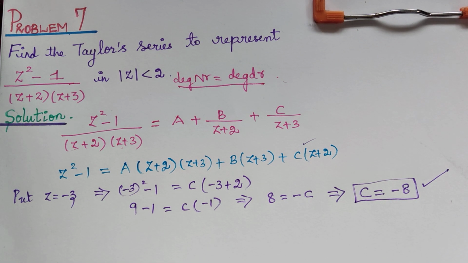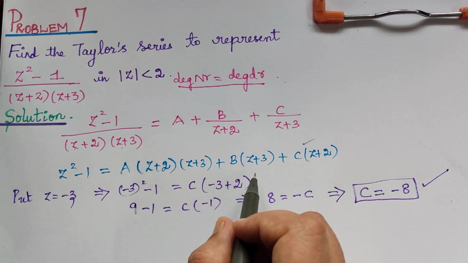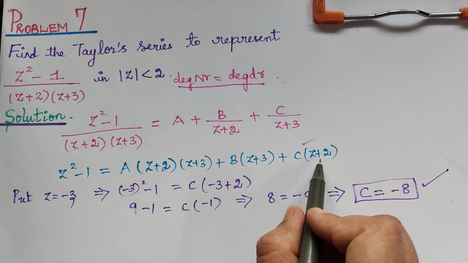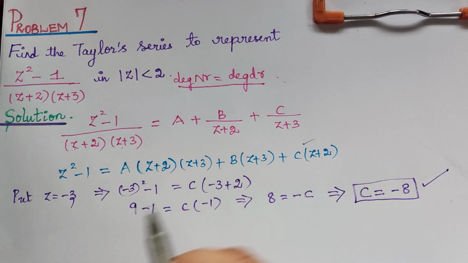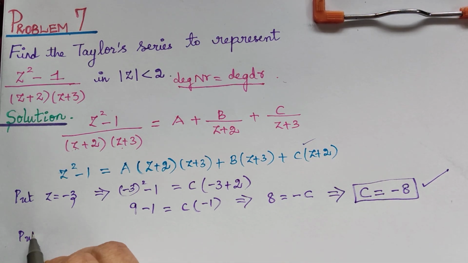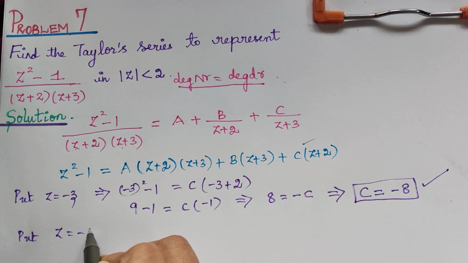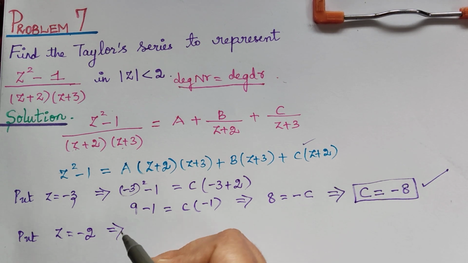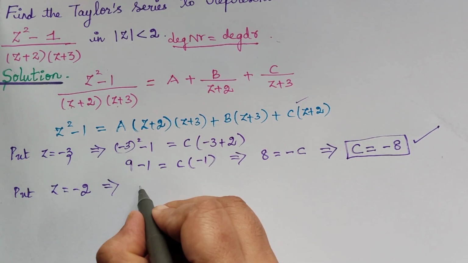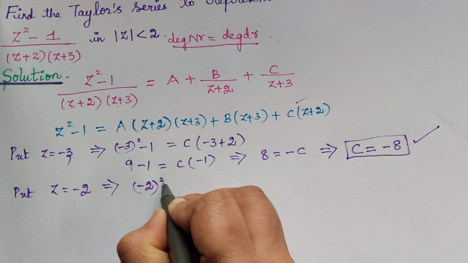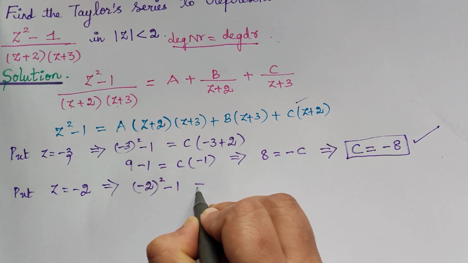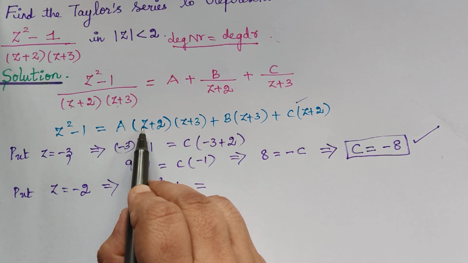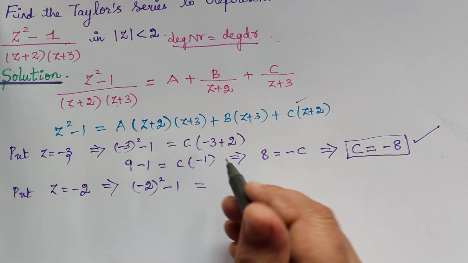Now we shall find the value of b by making the other two terms 0, so we have to put z equal to minus 2. So put z equal to minus 2. When you put minus 2, it will be minus 2 square minus 1 on the left, equal to, when you put minus 2 here it becomes 0 and the whole term becomes 0.